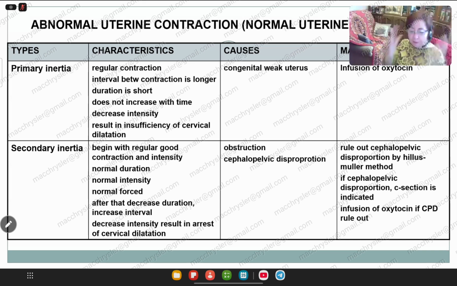So he immediately took her for C-section and delivered the fetus, thank God alive. Because he did all these things fast, he was able to save the fetus and the mother. But because of the previous non-realizing of CPD, he got a rupture of the uterus and severe distress of the fetus. Understand that?